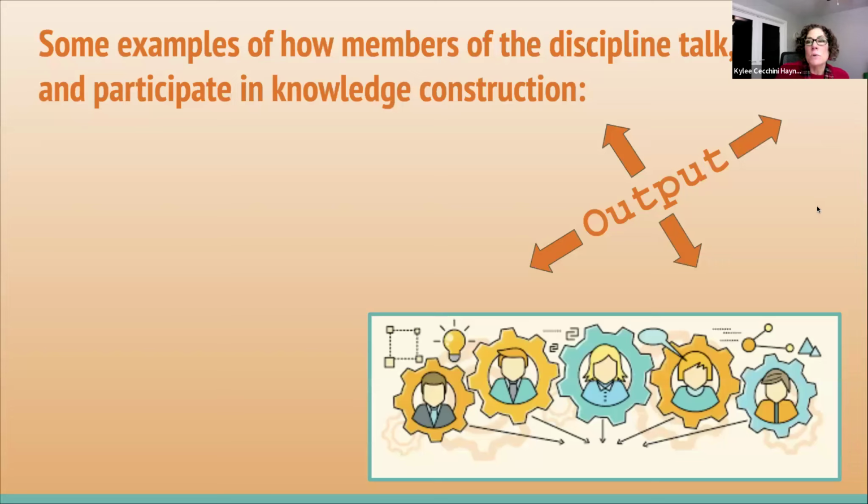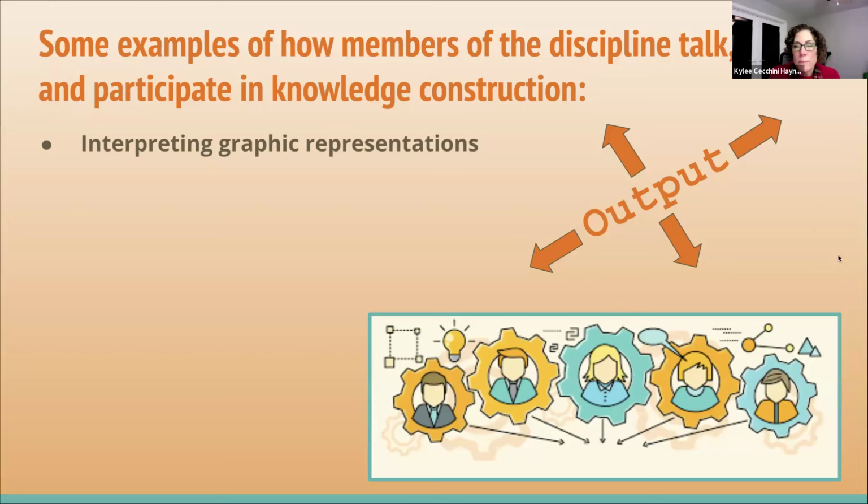Here are some examples of how members of the discipline talk, write, and participate in knowledge construction. For science or math, it could be interpreting graphic representations. This interpretation can be done through writing, or it could be oral. But regardless, the discourse is what we call output.